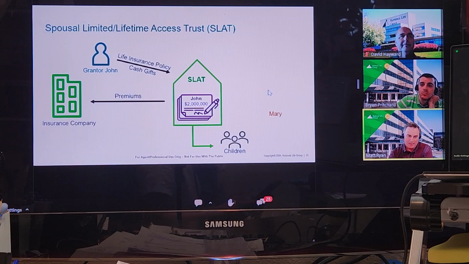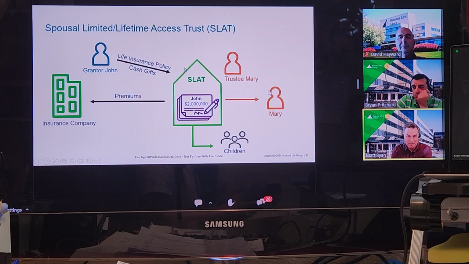Now, here's a big point here. In order for this to be successful, you really want to make sure that John and Mary have a healthy relationship, because in the event of some divorce, 2 years, 3 years, 20 years down the road, that's going to put John in a position where he's not going to have any access to those distributions.